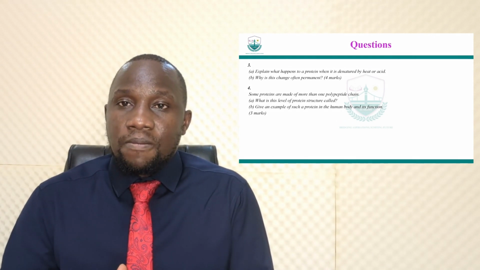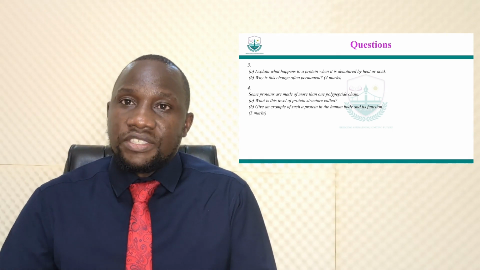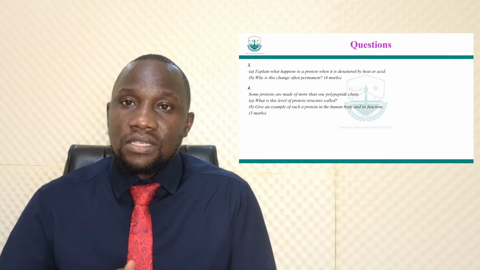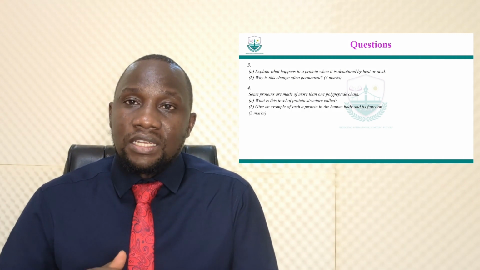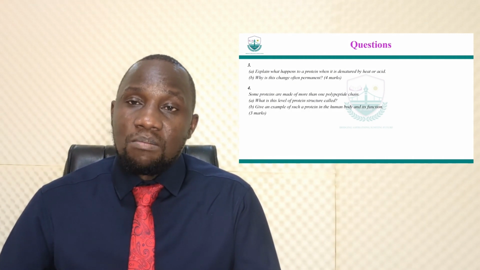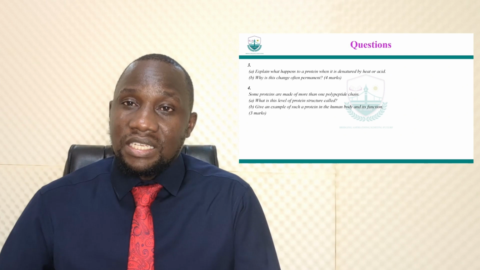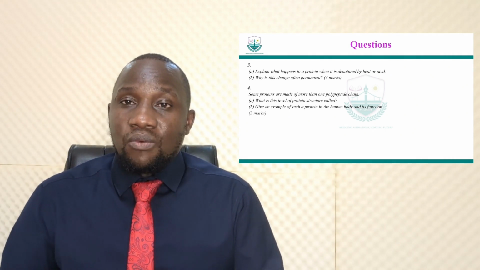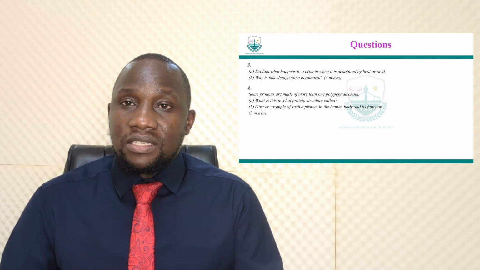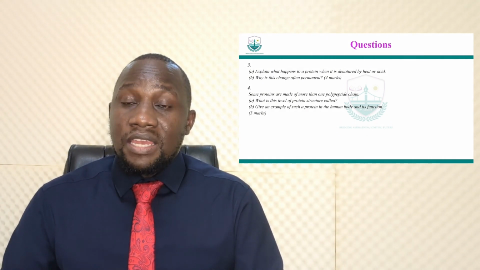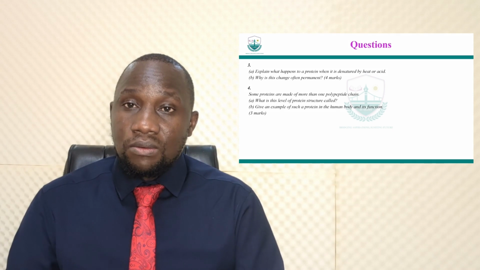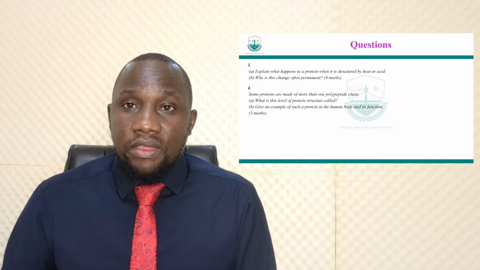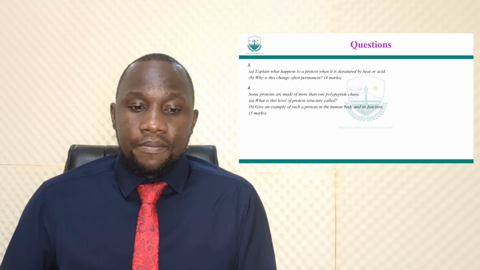What heat and acids do is they break down the bonds, that is the peptide bonds, the ionic bonds, the disulfide interactions, and all these other interactions that we talk about. And when this happens, they change in appearance. And this is what the students will actually see with the egg white.